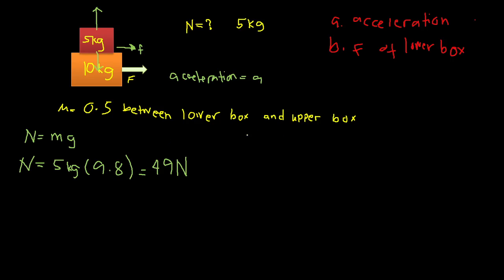So now let me draw a free body diagram. So meron tayong box dito na 5 kg, di ba? So 5 kg. And then, yan ang ating applied force. And then meron tayong friction force dito.